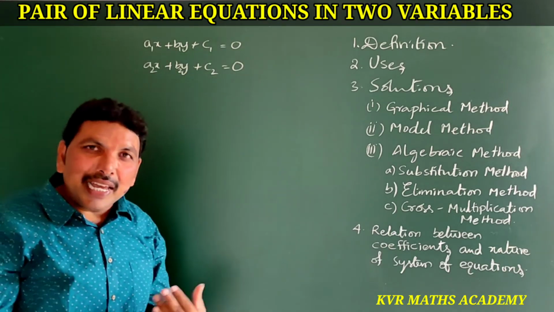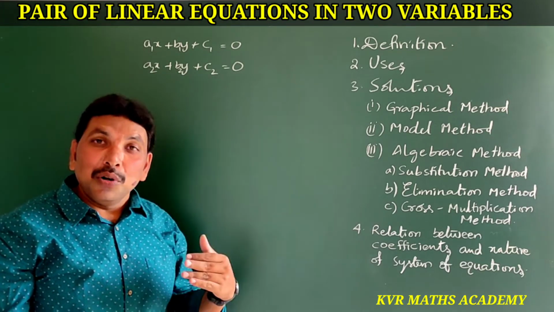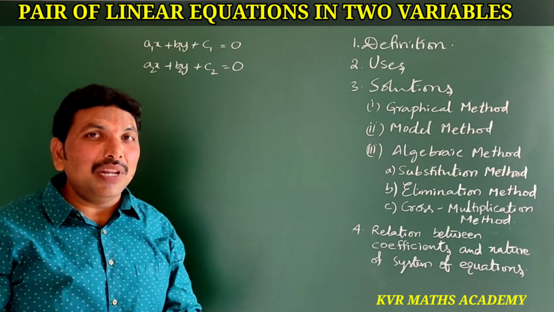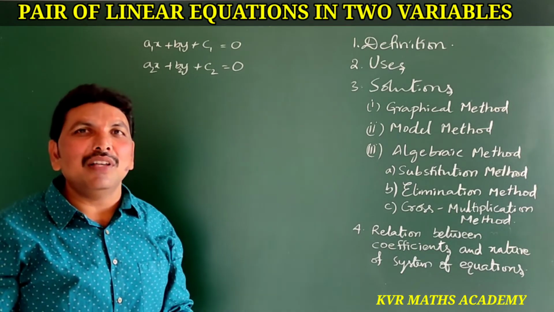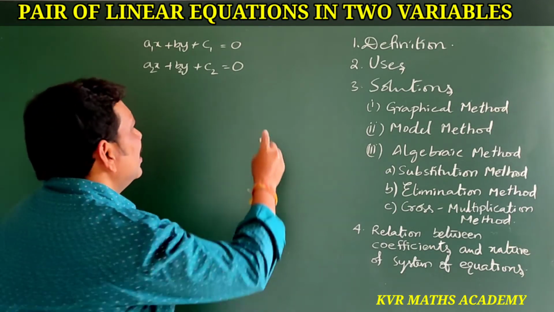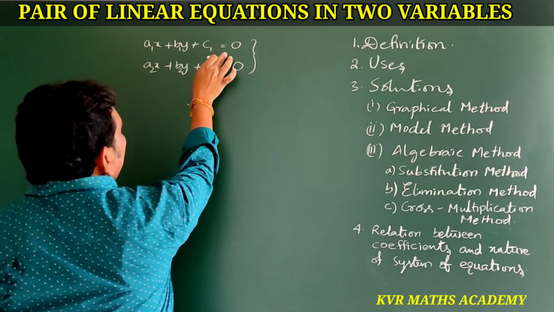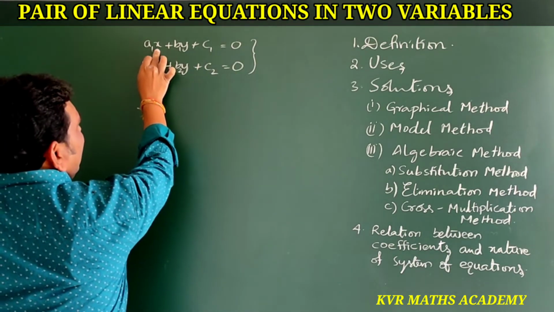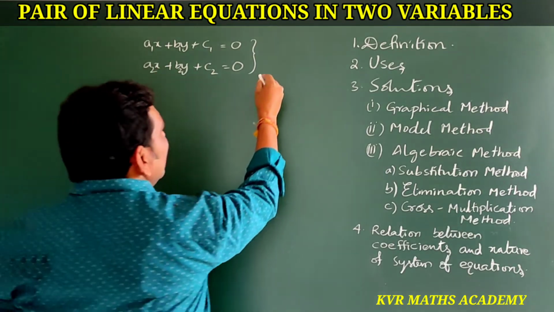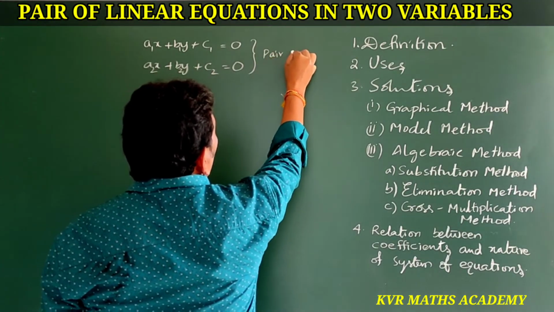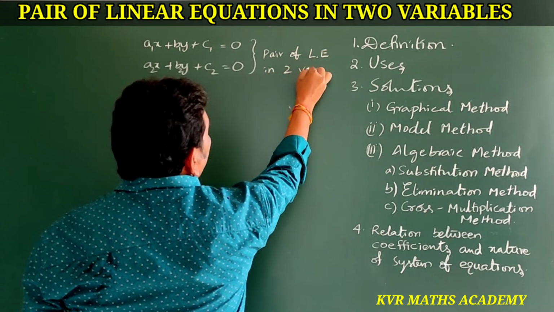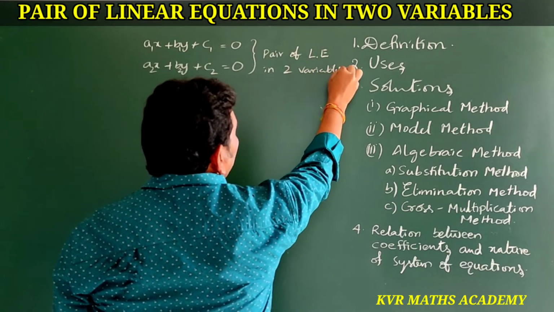So two linear equations of the same variables are called a pair of linear equations in 2 variables. These both are linear equations in 2 variables with the same variables x and y.